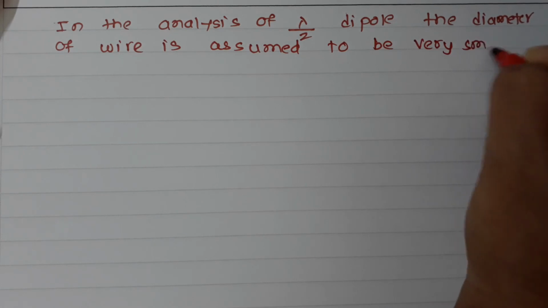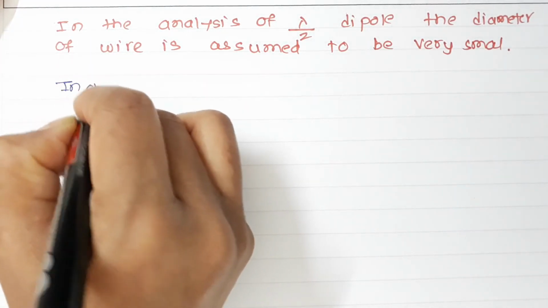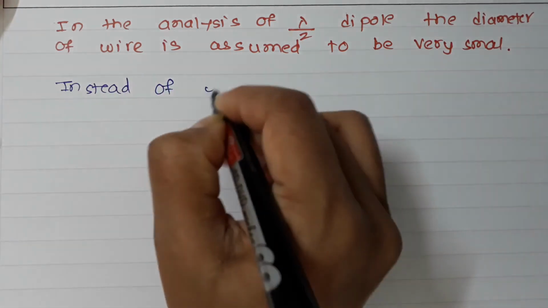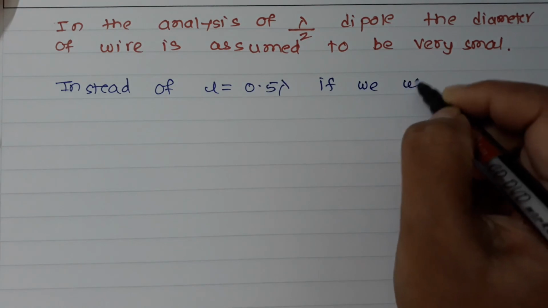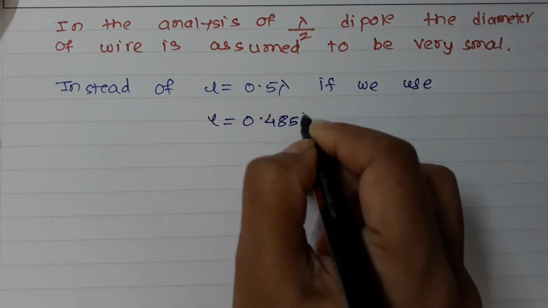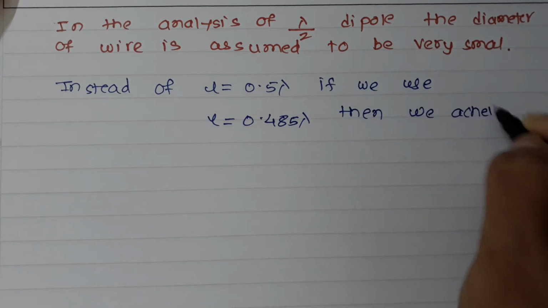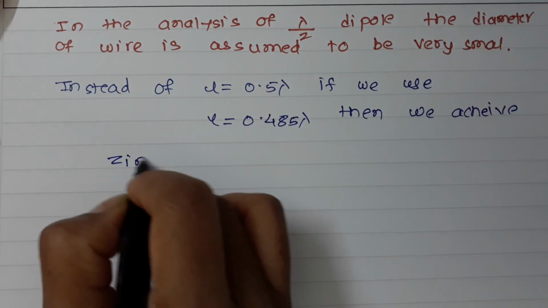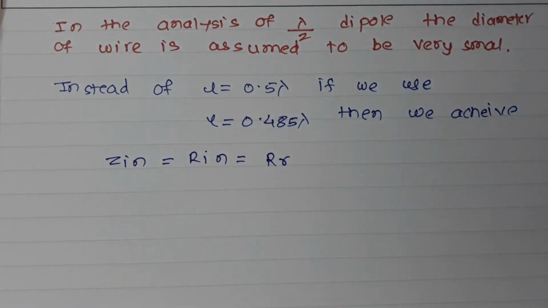So instead of L equal to 0.5 lambda, if we use L equal to 0.485 lambda, then we achieve Z in equal to R in, which is nothing but the radiation resistance.